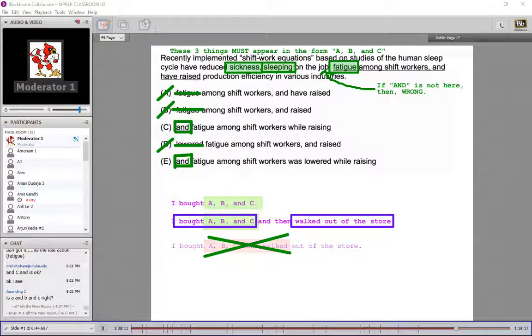You could have two ands like that if they were parts of different constructions. For example, you could say, I bought A and B, and then walk out of the store. Sure, you could. This is not A and B and something else. This is one thing that you did, and this is the other thing that you did.